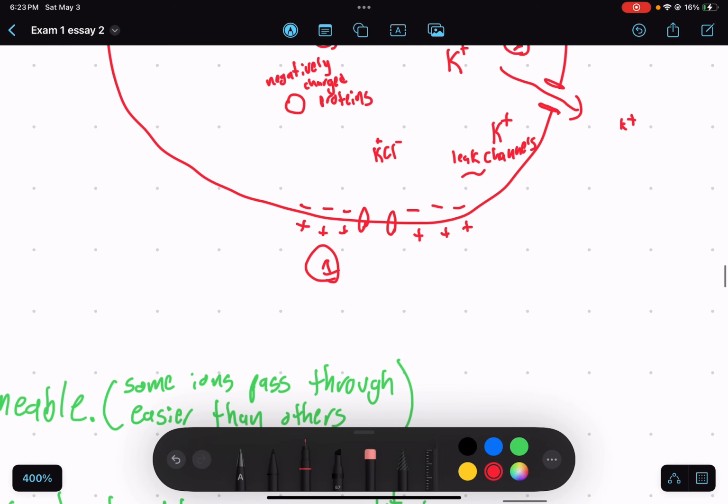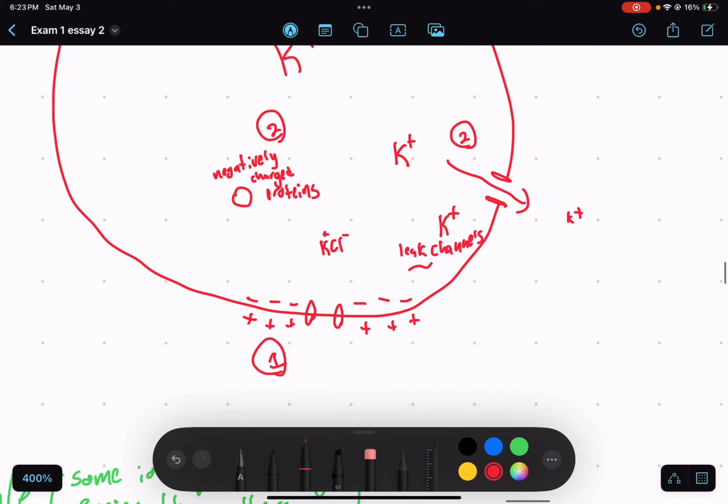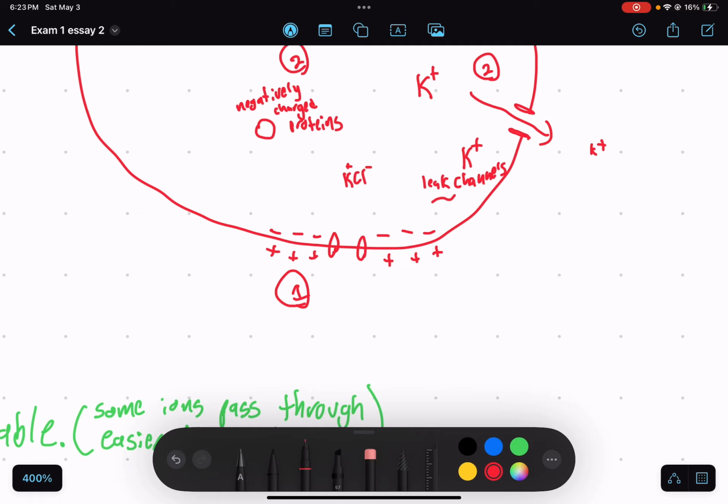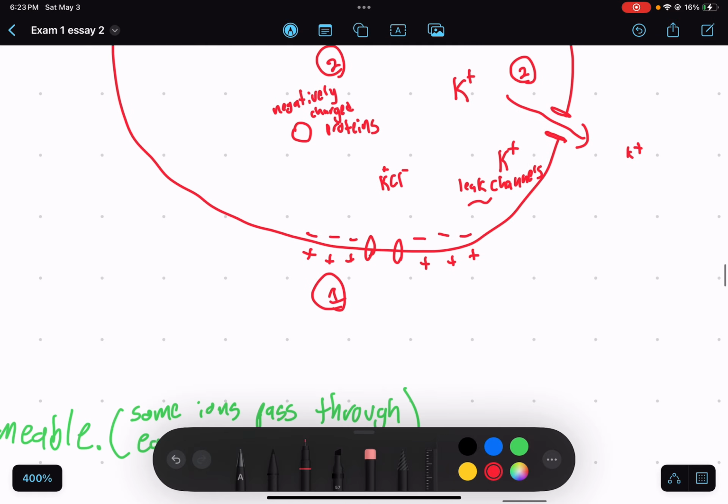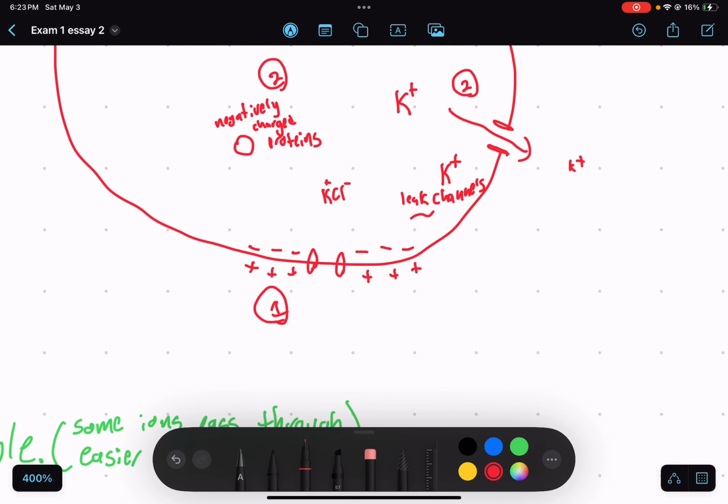Now, the reason why I drew this down here is to resemble what's happening. So basically, whenever potassium or any charged particle is leaving or entering a cell, only the positive charge, or the charge it has, is going to move, such as with this potassium leak channel.